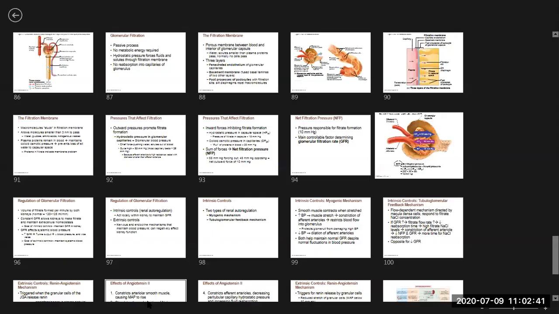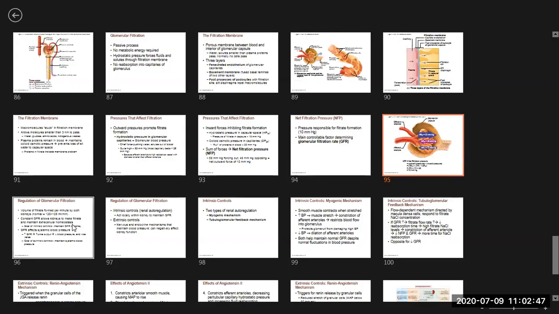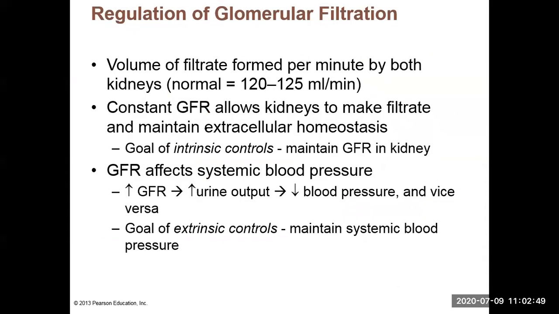All right, now we need to talk a little bit about regulation of glomerular filtration. So again, the normal range is what we want to achieve. Now we have to do something. If it's going high, we have to bring it back down. If it's low, we need to bring it back up, and so on. So we have to maintain this in the kidneys.